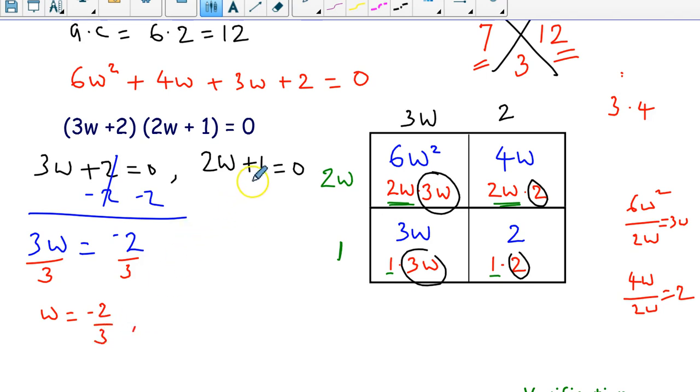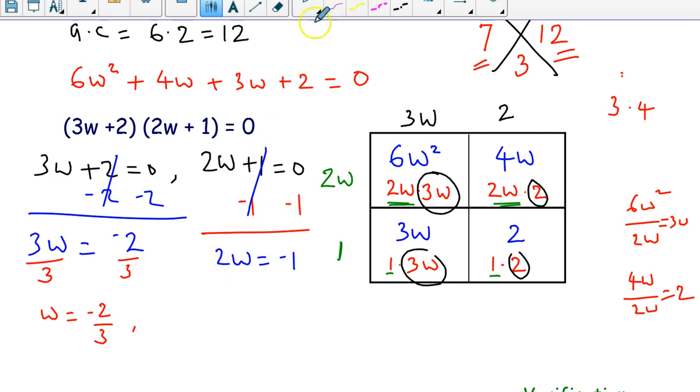That's the first one. In the second equation, 2W + 1 = 0, take away 1 on both sides. You have 2W, 1 and 1 cancel off, and 0 minus 1 is negative 1.